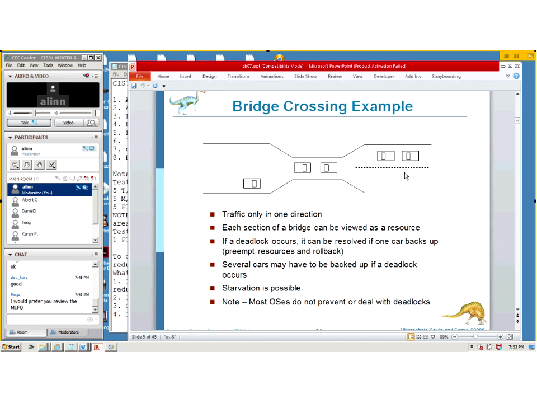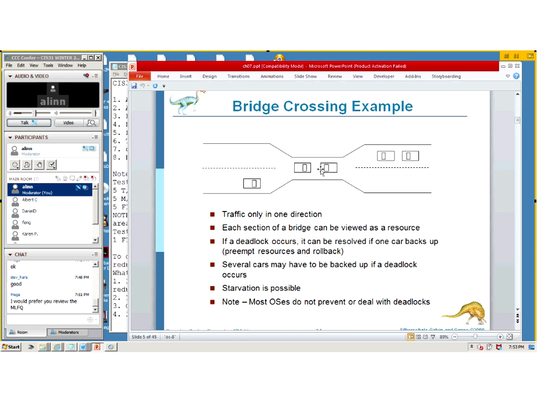And each direction is a resource. So this bridge that we've got is a resource, and it's bidirectional, meaning we can go in both directions, but only one can get across at a time.